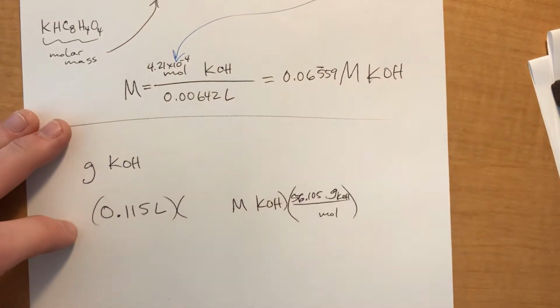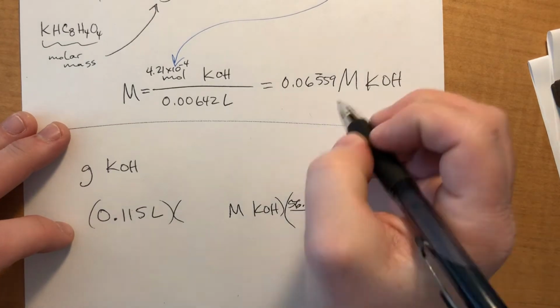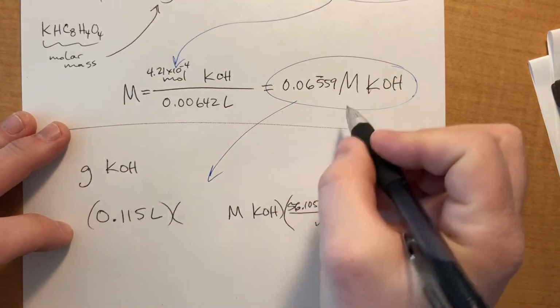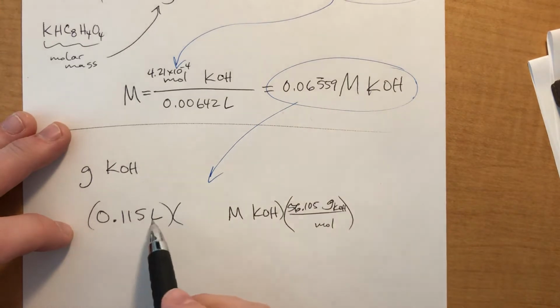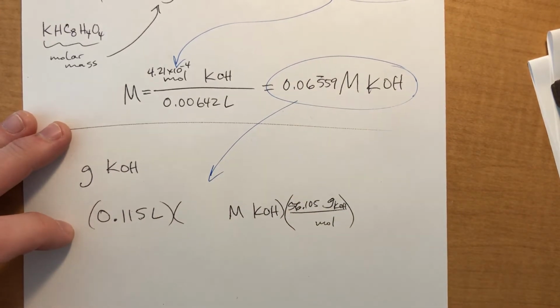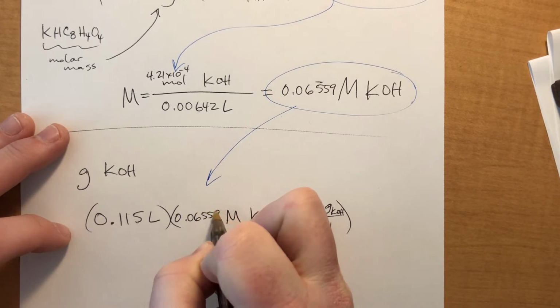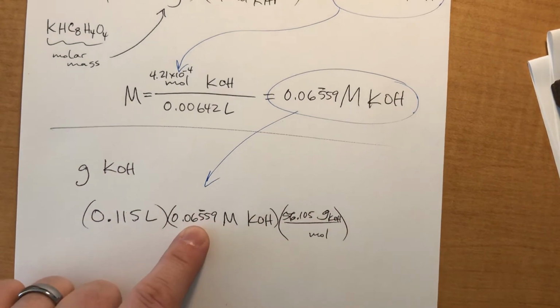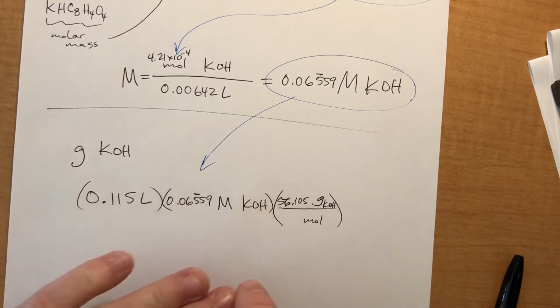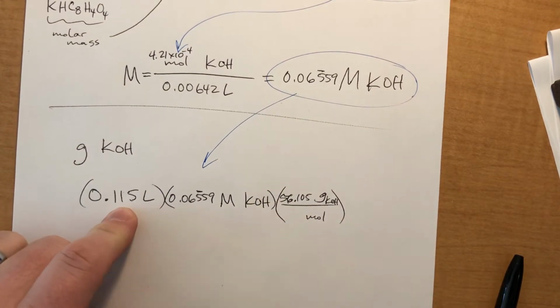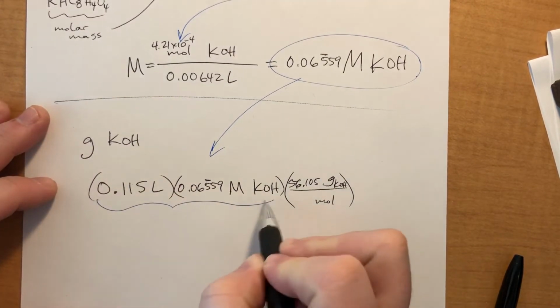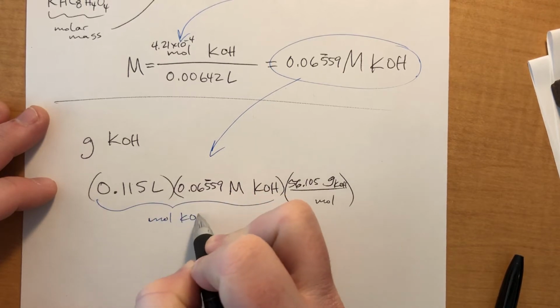And then we're going to take this number and plug it in here. This is moles per liter, and since this is liters, this will cancel out to give us moles. Only 2 sig figs, but I'm writing it all in there. So this part would give us moles of KOH.